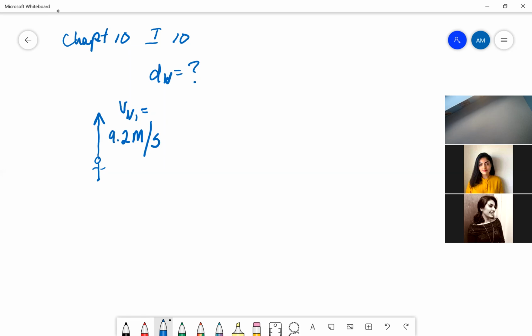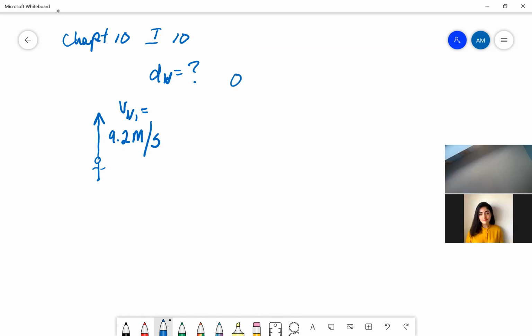We know what we have. If we come back to the equations that we are given, and we look at equation 2a, which is 0 equals v1 squared plus 2ad.